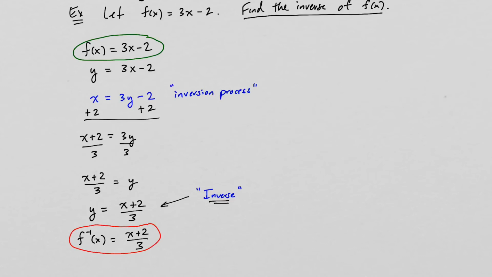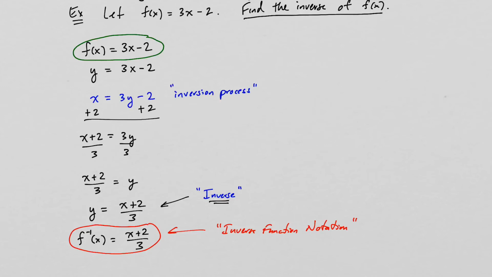Okay, so this is our inverse function, and this little -1 right here kind of looks like an exponent, but it's not an exponent. It's inverse function notation.